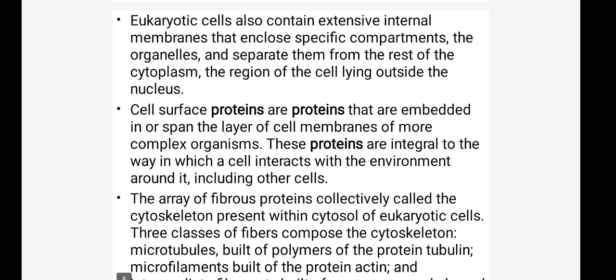Now eukaryotic cells also contain different organelles within the cytoplasm, which contain their own internal membranes and are responsible for forming specific compartments. Mostly, in the entry of viruses there is the role of cell surface proteins embedded within the cell membranes, and these are majorly responsible for the interaction of cells with the external environment or with the viruses.